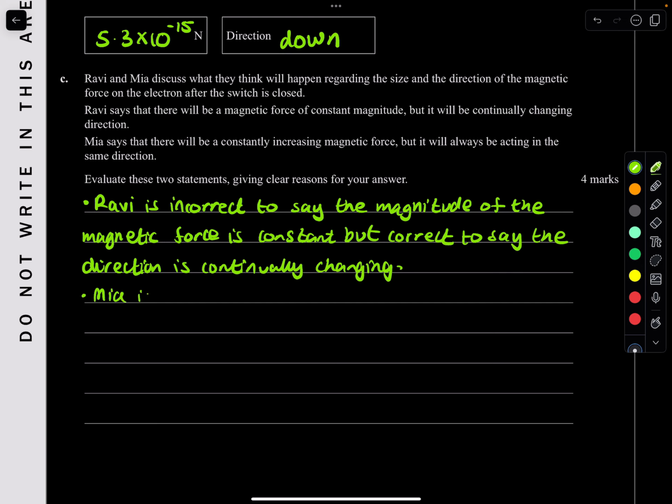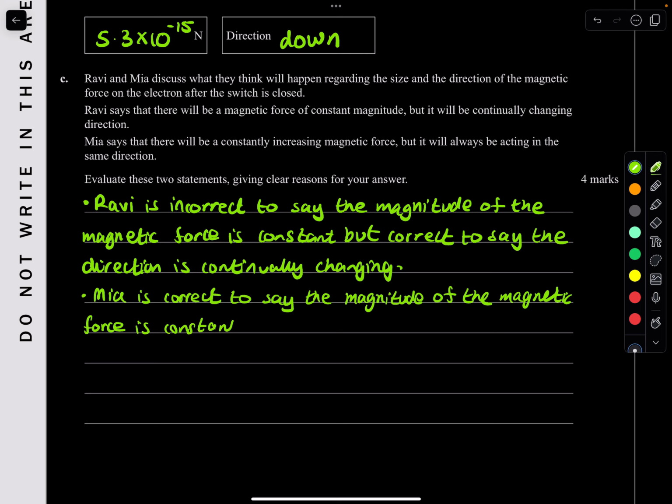So Mia is correct to say the magnitude of the magnetic force is constantly increasing, as she said, but incorrect.